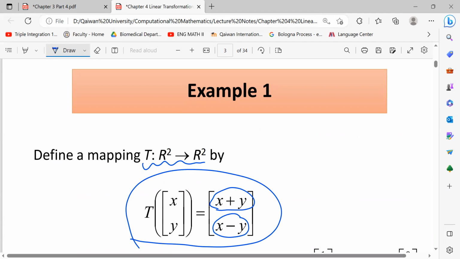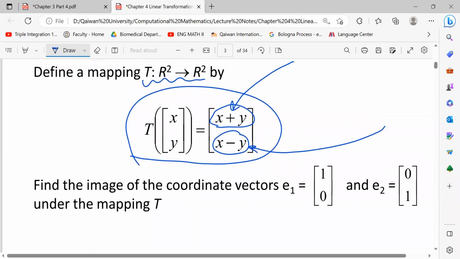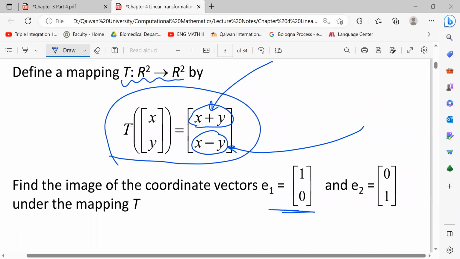If we have a vector in the domain, its image is the sum of the elements and the difference of the elements. Okay? It says find the image of the coordinate vectors E1 and E2 under the mapping T. We find these 2: T of E1 and also T of E2.